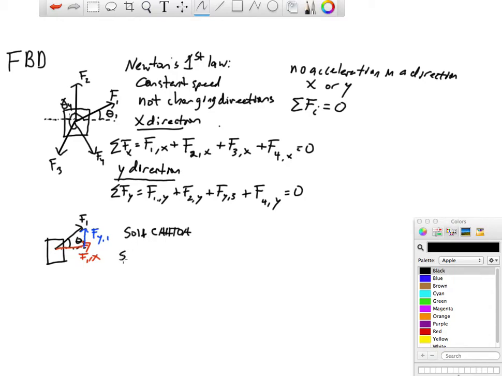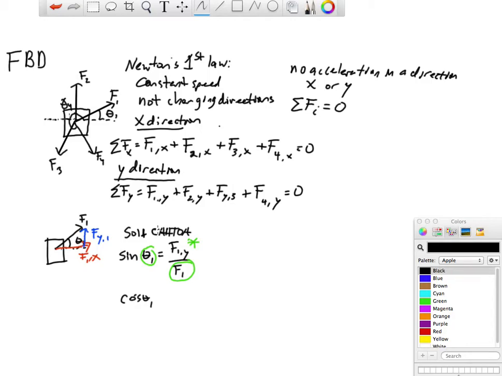So I would say the sine of theta 1 is equal to my y component of force 1 divided by the magnitude of that force. And then I can rearrange this to solve for the y component. So I give you these two, I give you theta, and you can solve for F1y.